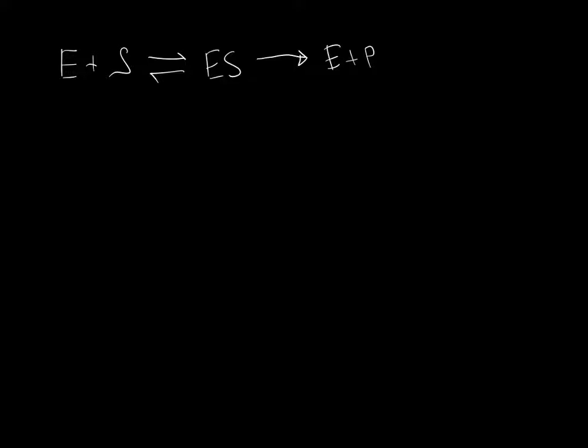If you try to take a picture of it really quick, you never actually see the EP complex because the dissociation of it is so fast. Like I said, there are enzymes that do that. The reason we want to do this is that this is the simplest of the terms before trying to do the derivation, the calculus behind it. The reason we do this is it's going to make the math more simple.